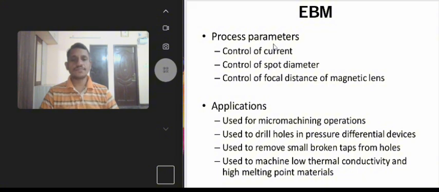Control of the spot diameter. The diameter of the spot depends upon beam current, accelerating voltage, magnetic lens, distance between gun and workpiece, etc. The most important three factors which contribute to change in spot diameter are given.